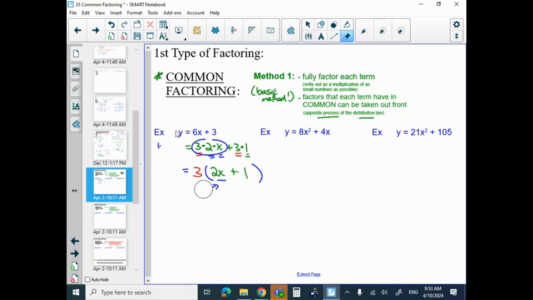So again, if you look at the distributive law process, if you did 3 times the 2x, you certainly would get the 6x. So that's a check, makes sense. And if you multiply the 3 onto the 1, you get the 3. So this is just as a check. We know that it worked, okay? And notice that we have this thing now written as stuff times stuff. We have a 3 and a 2x plus 1, right? Something times something. Okay, so we have successfully factored it.